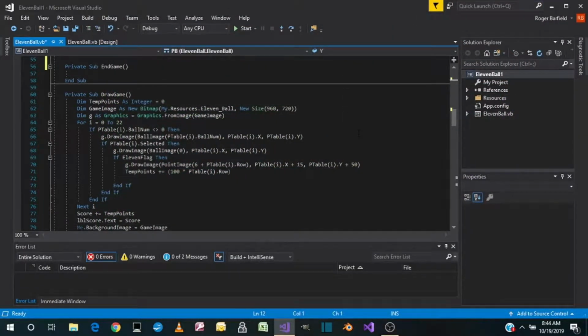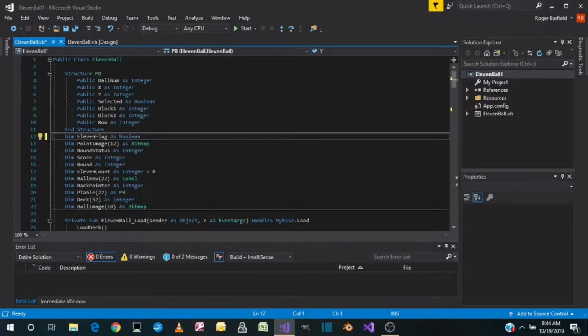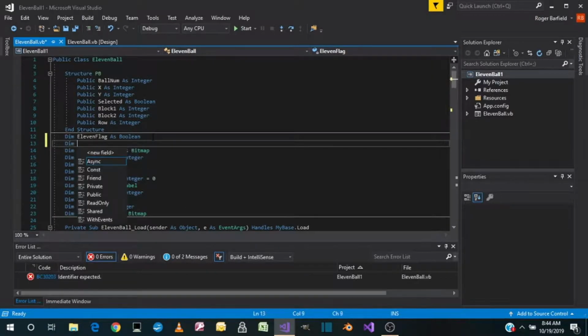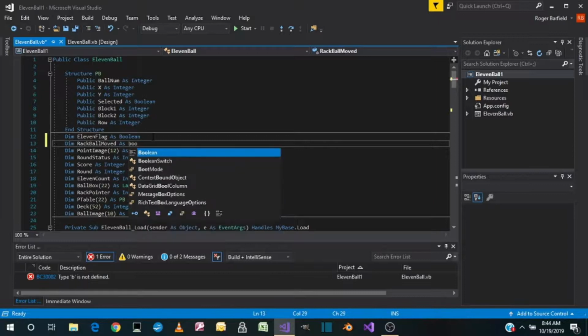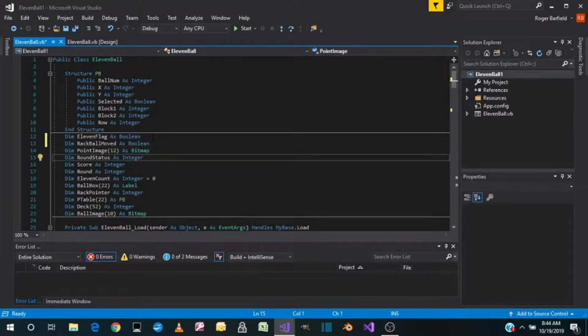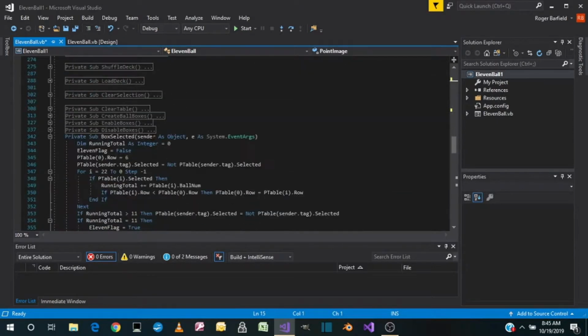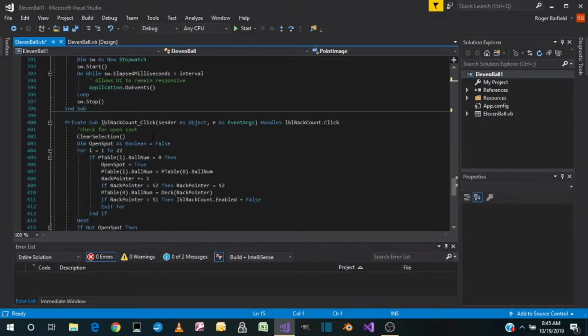Okay, now we have to work on the minus points. We need to move up here and create another flag. And we'll call this rack moved, or rack ball moved, as Boolean. And let's scroll down here to where we select the ball, where we do the rack count.